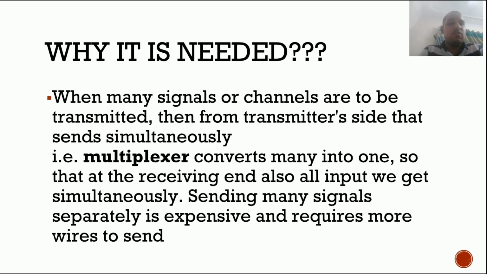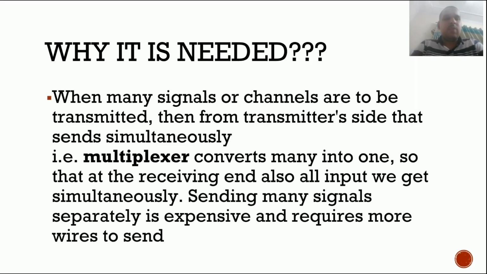If you send many signals separately, it will cost your budget, and it will also cost your time for the setup. So through modulation, multiplexing is possible and it can come very handy.